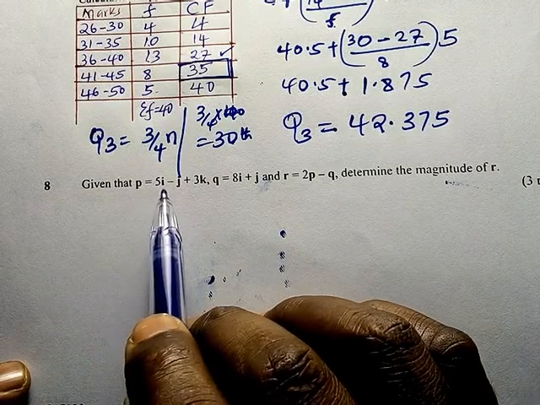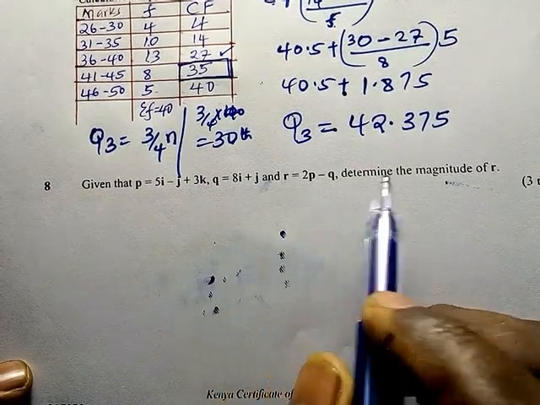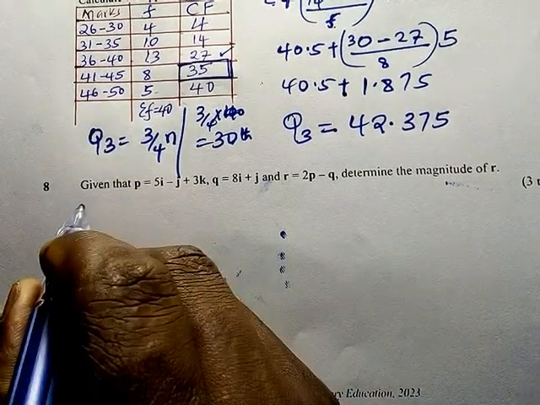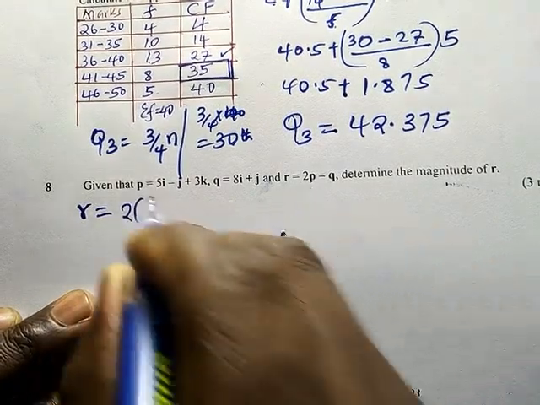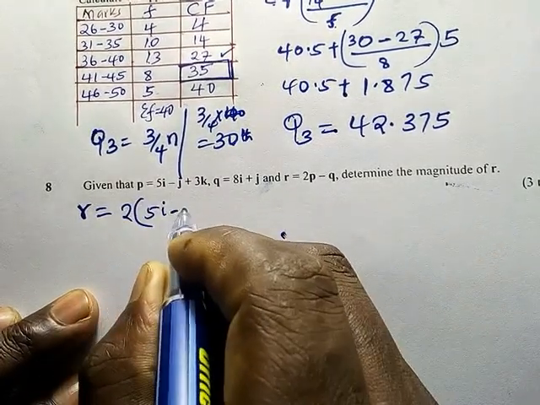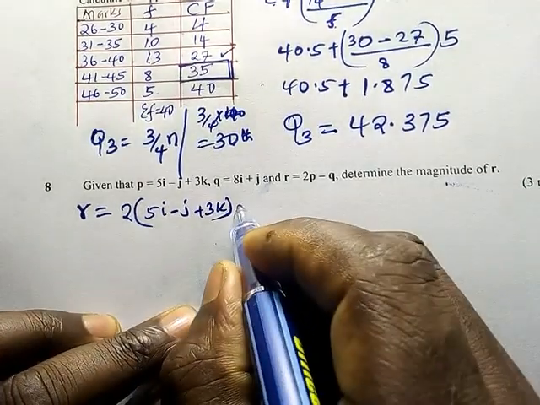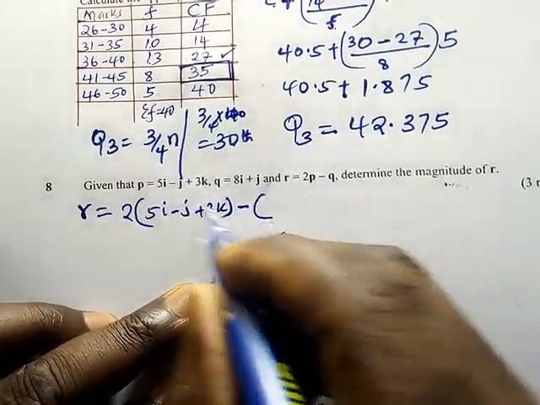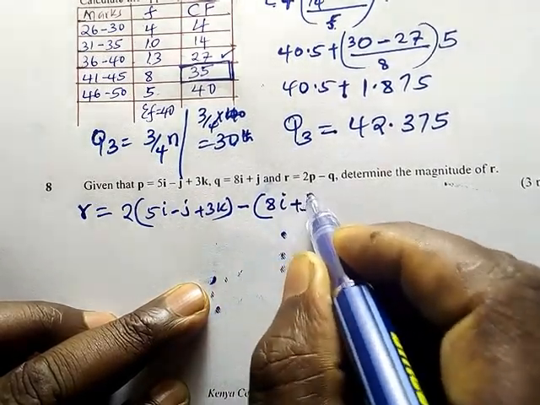Given that P is equal to 5i minus j plus 3k, Q is equal to this, and R is equal to this, determine the magnitude of R. First, let us get R. R is equal to 2P, where P is 5i minus j plus 3k, minus Q. Q is 8i plus j.